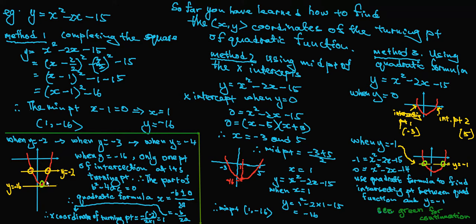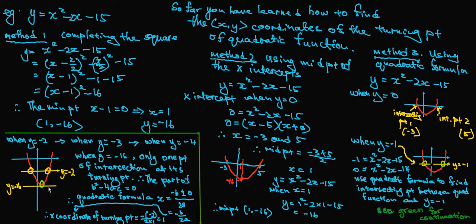Therefore the x value that you obtain, minus b over 2a, is the intersecting point between the curve and a horizontal line which touches the turning point. This situation happens only when the turning point touches a horizontal line.